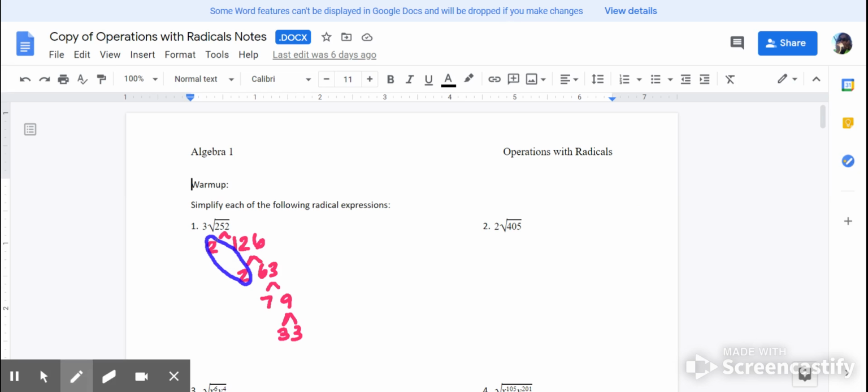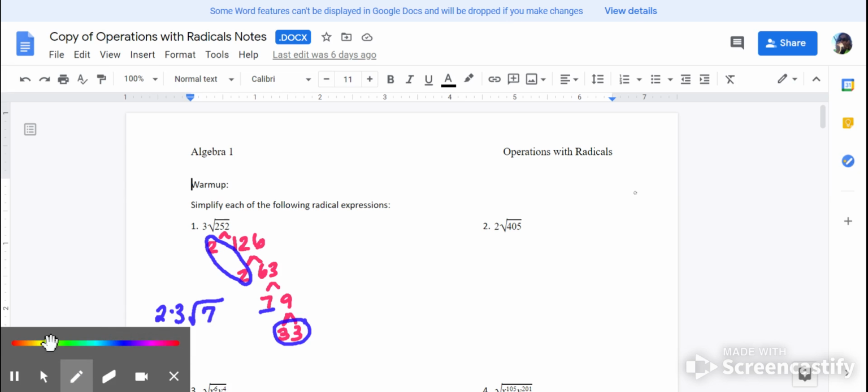So 2 has a match, so do my 3's, which means they're going on the outside of my radical. They can leave, remember they have a date. So 2 times 3 leaves the radical, while 7, who does not have a pair or partner, has to stay at home. Now the other number that we cannot forget about is the 3 that was already in my problem.